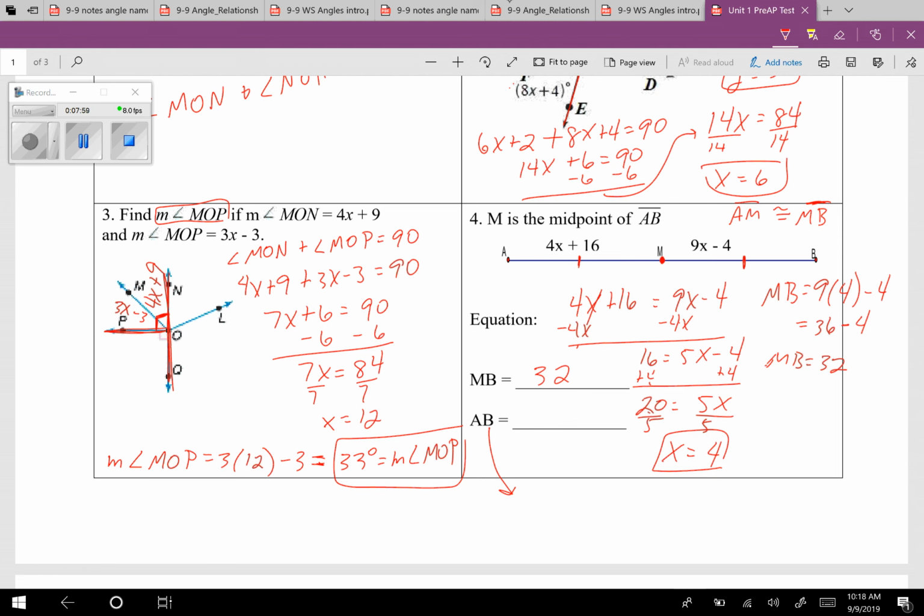Well, guess what? We already know the length of one of these sections. So to find the length of the whole line, you would just take 2 times the length of the one that you already know. So it's 2 times the length of MB. So 2 times 32, which is 64. So that's AB. So there you go. So midpoint makes 2 equal sections, 2 congruent sections.